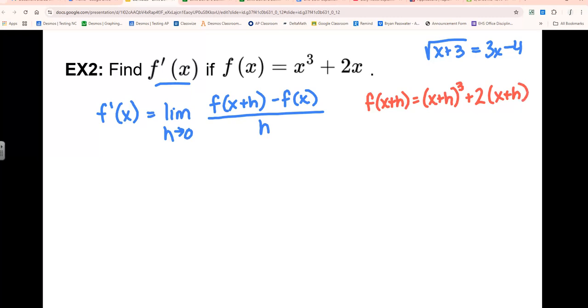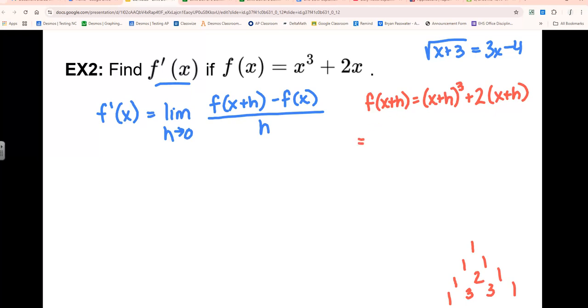These problems are not easy because of the sheer amount of expansion you're going to have to do here. I see to the third power, and I really don't want to have to write that 3 times and multiply it. What else could I do? Pascal's triangle. So 1, 1, 1, 2, 1, 1, 3, 3, 1. This 1, 3, 3, 1 is going to be the line that we use.